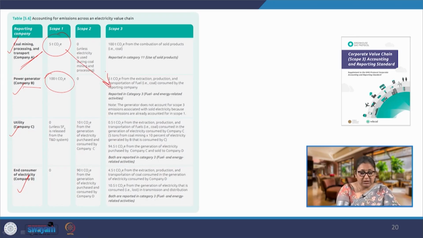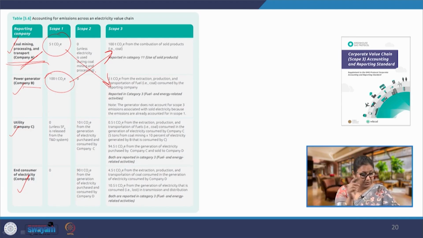So, that 5 ton is actually going as scope 3, and for the next company this 100 ton is going as scope 3 activity. For the utility company, whatever emissions are happening from the generation are actually going in either scope 2 or scope 3, because they are only distributing.